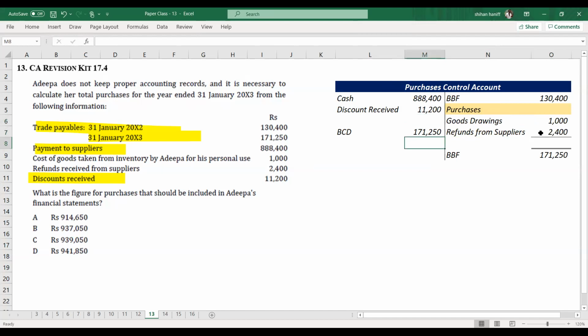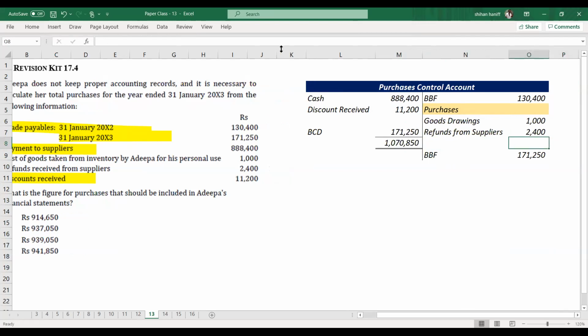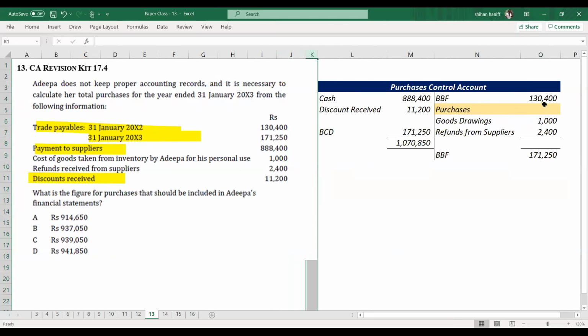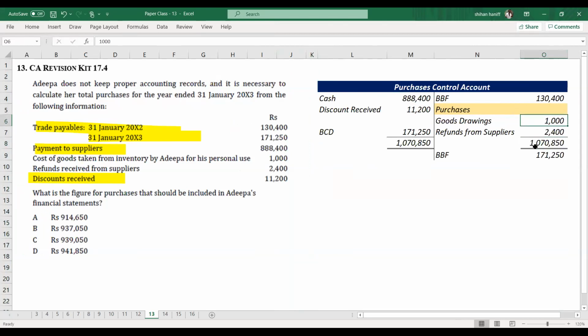Now what is the purchases? Purchases will be the difference in this account: $937.50.